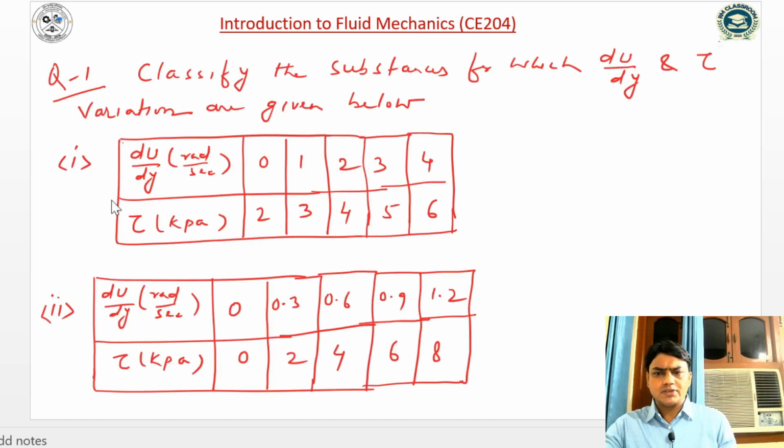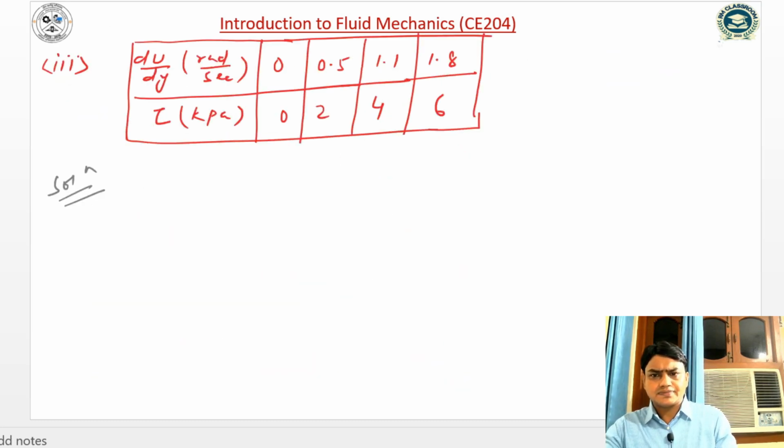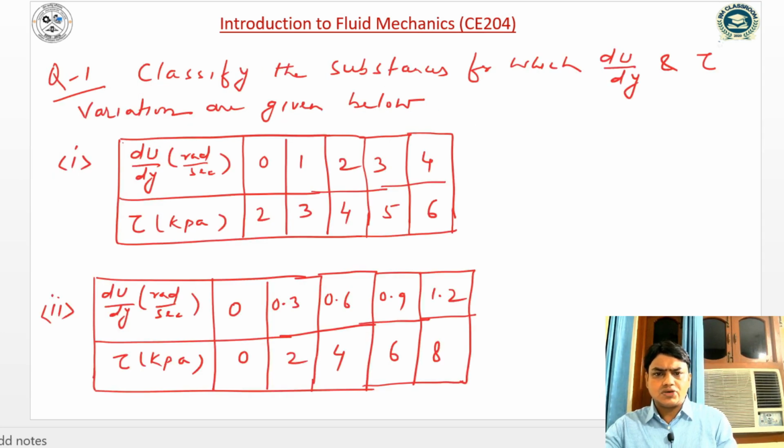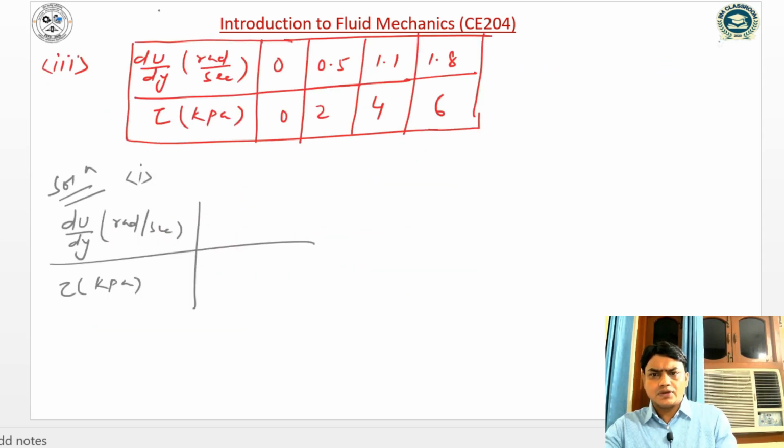So let us take first the velocity gradient du by dy in radian per second, and the shear stress in kilopascal.